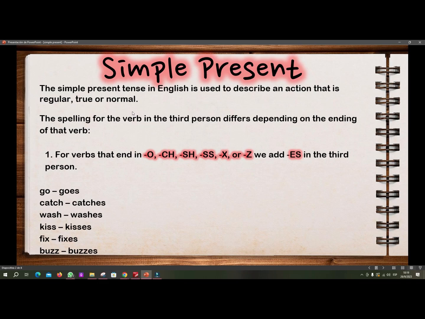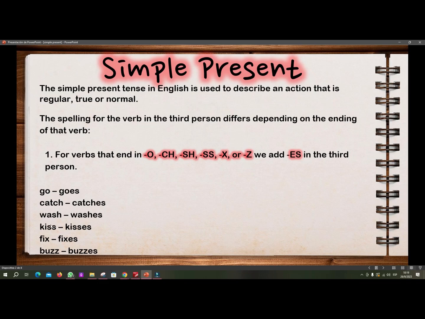For example, go, that finishes in O, right? So you need to add ES. Go, goes. Catch, CH at the end, so we need to add ES. Wash, SH, so ES, washes.